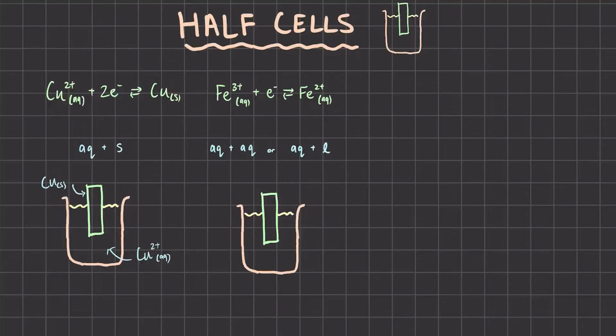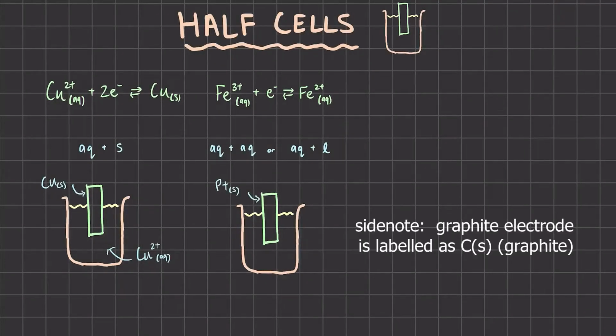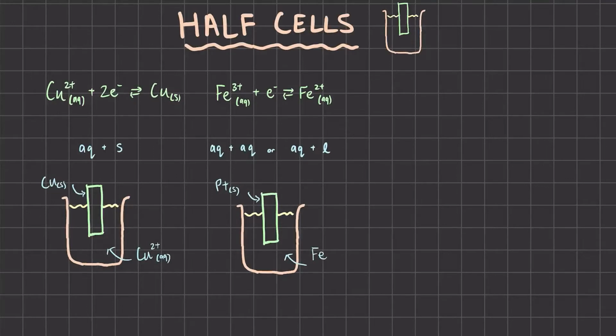So basically we want the electrode to do nothing apart from act as a surface for the reaction shown here to occur. And also, it needs to be solid because we can't have an aqueous electrode. So some common examples of inert electrodes are platinum or graphite. And then for our electrolyte, we have both of these aqueous metals in our solution, like so. So both iron 2 plus and iron 3 plus.